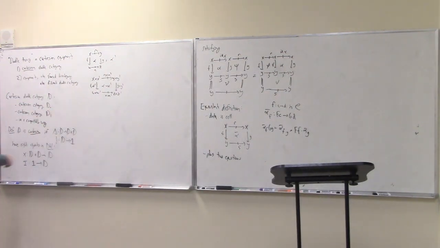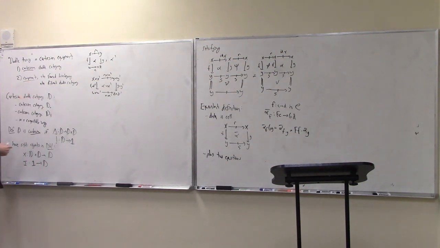So this is just the double categorical analog of algebraic theories having products. There's nothing too crazy going on here. So what's this other ingredient? Being an equipment. This is sort of new here. There's no analog of this in the setting of algebraic theories. So what is this doing?